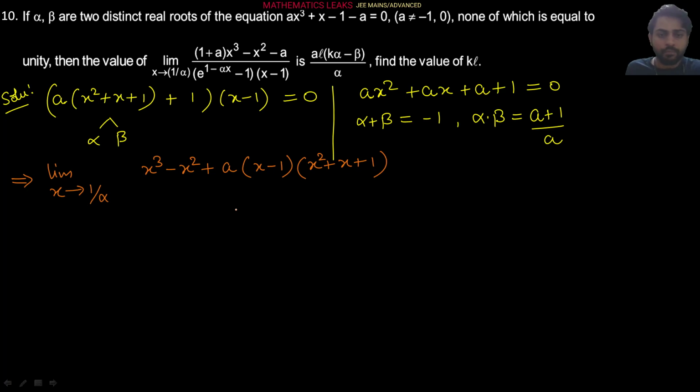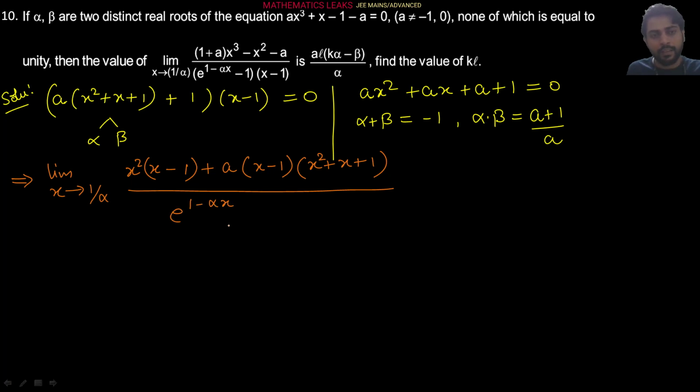Now this is coming here, and this is x cube minus x square, we can take x square common, so x minus 1, x square we have taken common here, upon this one quantity e to the power 1 minus alpha x minus 1, and this is x minus 1 here, right? So x minus 1, since it's a common factor in numerator and denominator, just cancelling it, correct?